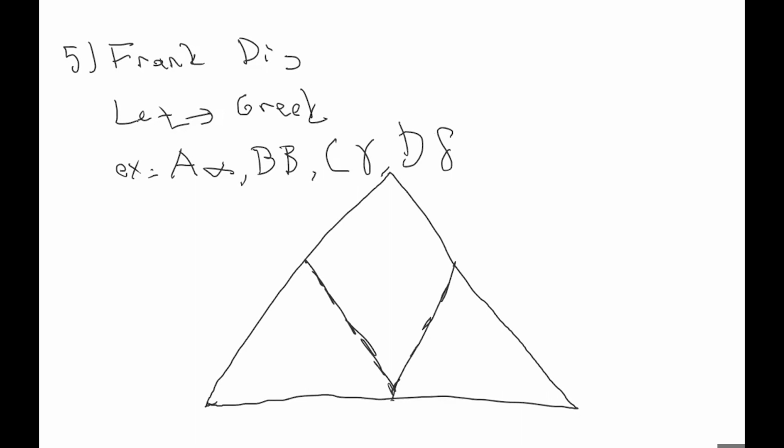Here we have 4 planes. Let's say this is beta, this is alpha, this is kappa, and this point is gamma.